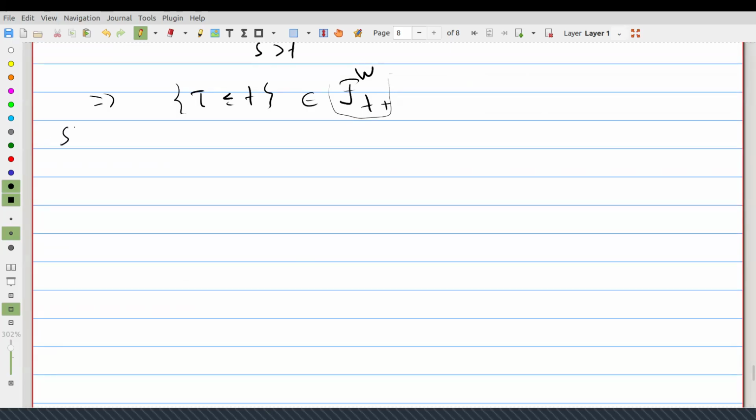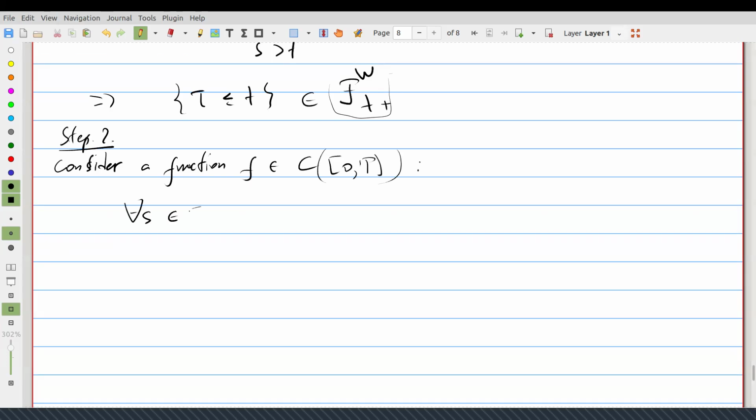Now, the second step is a bit trickier. We have our canonical model. So let's consider any function f, continuous on, say, [0, t], such that for s smaller than t, f(s) doesn't belong to the closure of A, and t is exactly on the boundary. So this is our open set.